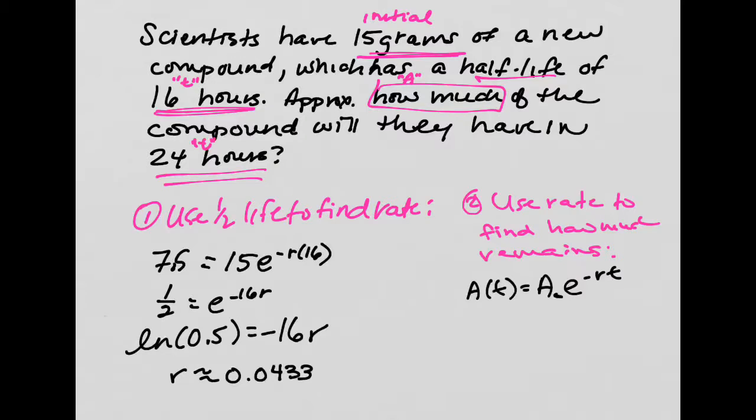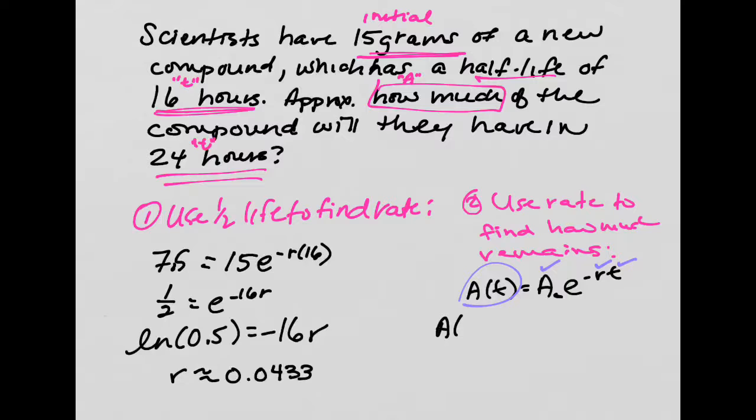Let's talk about what information we have. We have the initial amount, it's 15. We now have a rate because we calculated it. And we have a time because we're trying to figure out how much is left after 24 hours. So we have everything. The only thing we don't have is this. So this is actually an easier problem to solve because it doesn't involve calculating logs in the end.